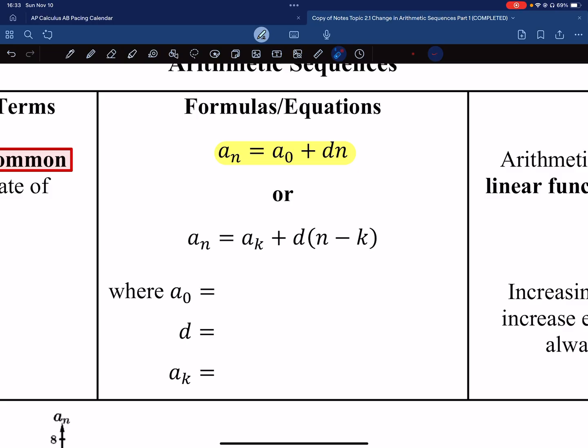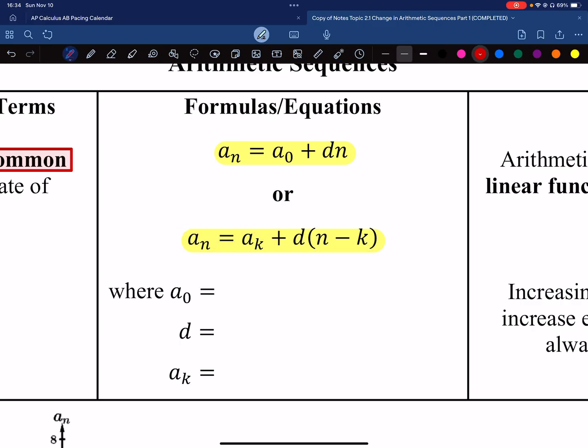When you don't know something, you will typically use this second equation, where you can plug in any term you want for a sub n, as long as this subscript matches this right here. So if you have the second term, this will be a 2, and this will be whatever the second term is. And if you know the 17th term, this would be 17, and this would be whatever that term is.